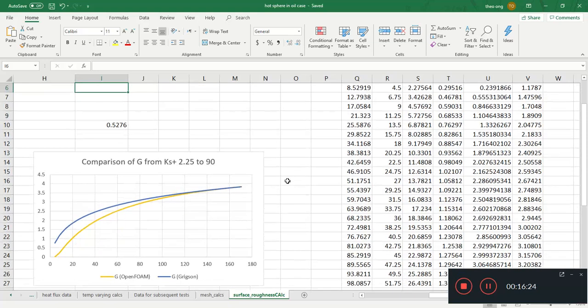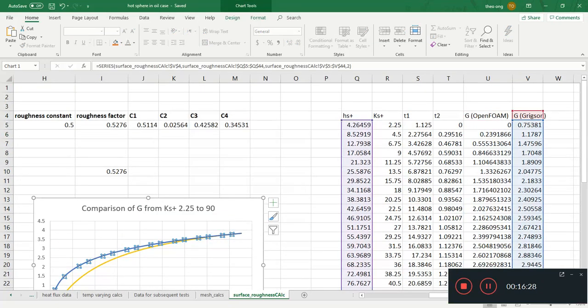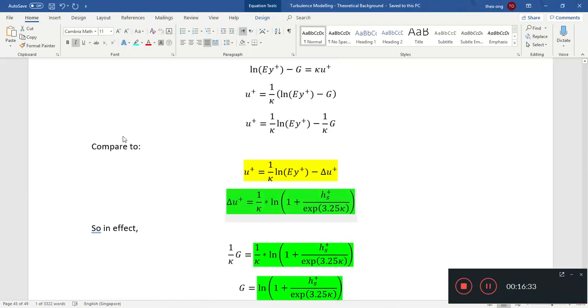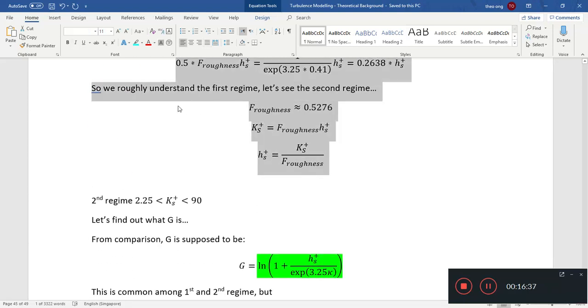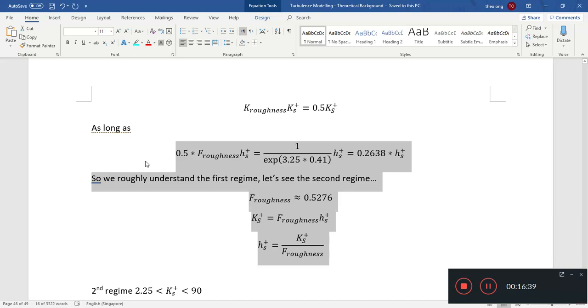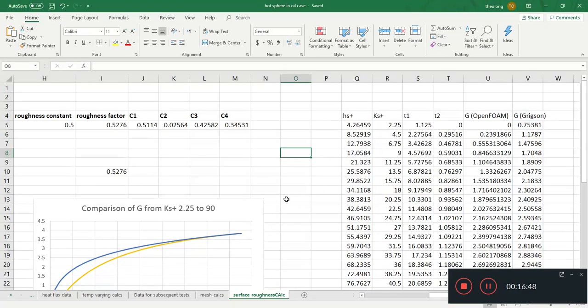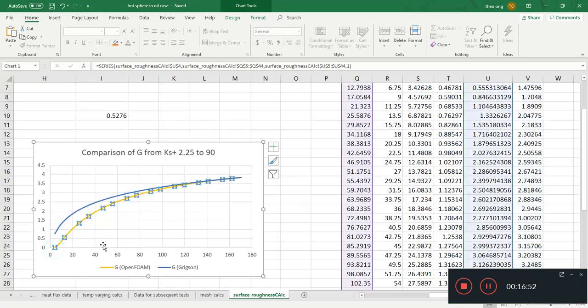So we can just stick to that. And this actually has the added bonus of ensuring that these constants actually match exactly in this third regime, where Ks plus is more than 90. So that's what the Excel plots show. If you're okay with that, then sure.